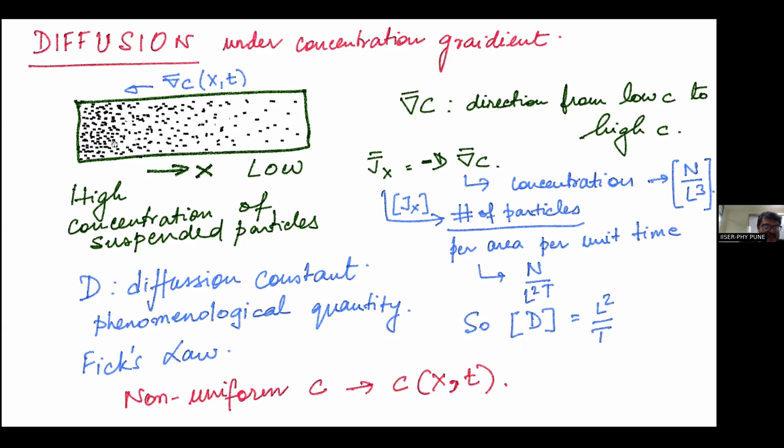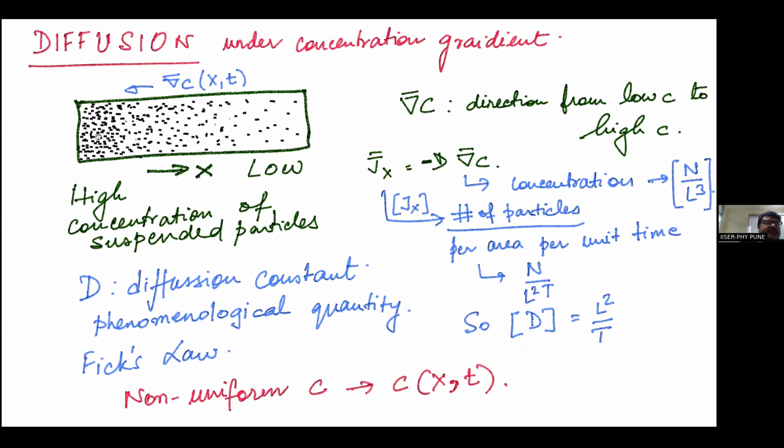But here, there's a boundary. So on average, a larger number of particles are moving from right to left compared to the number of particles moving from left to right.